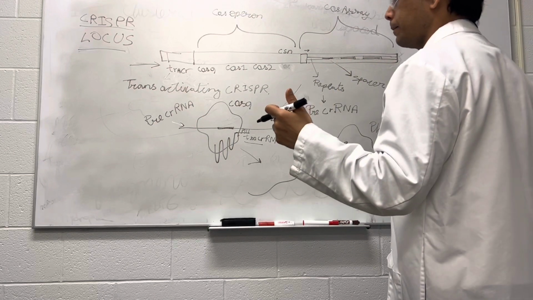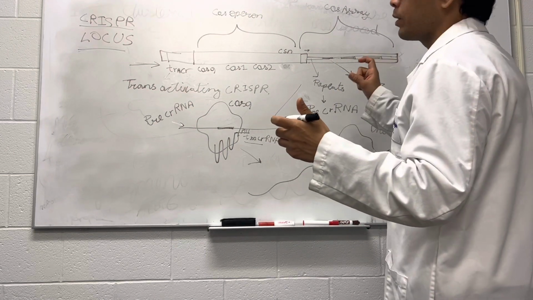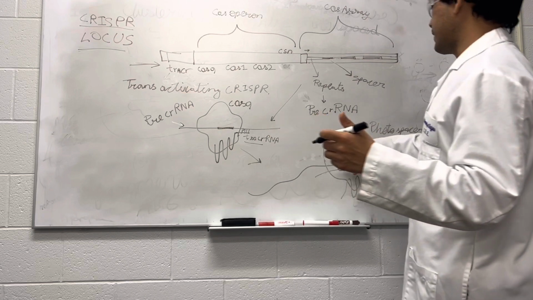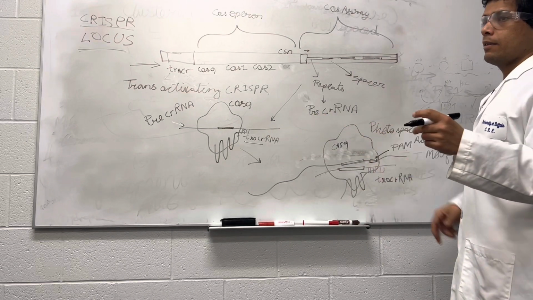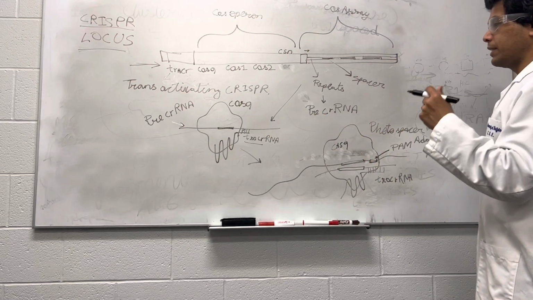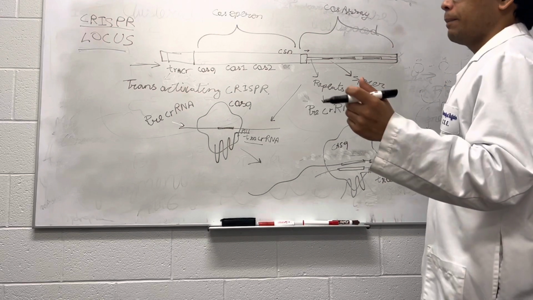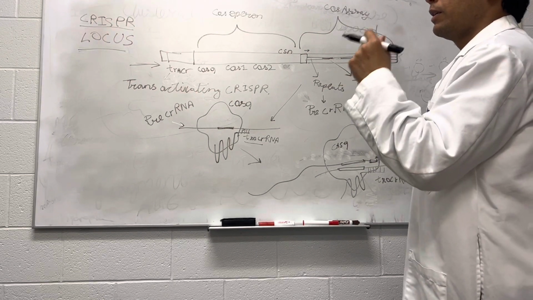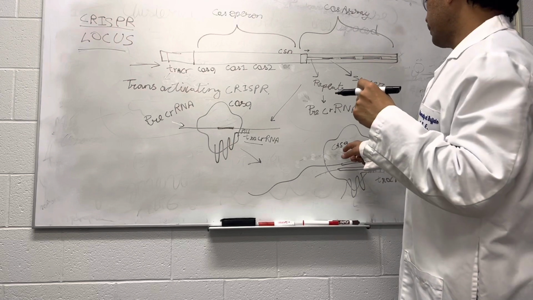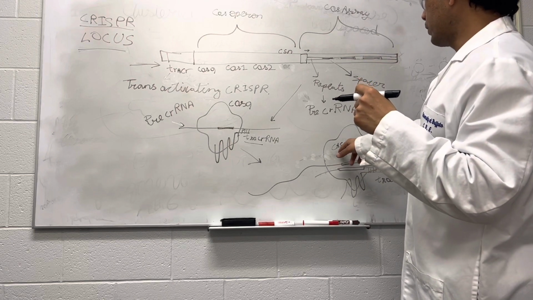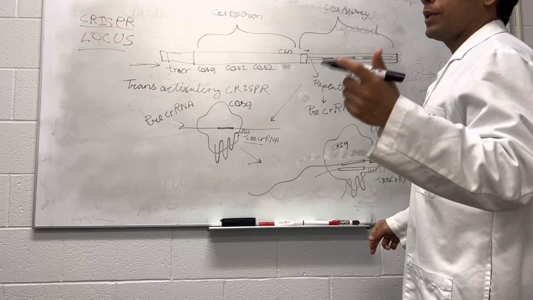Different CRISPR-associated proteins have different PAM sequences, based on the Cas system they are using.